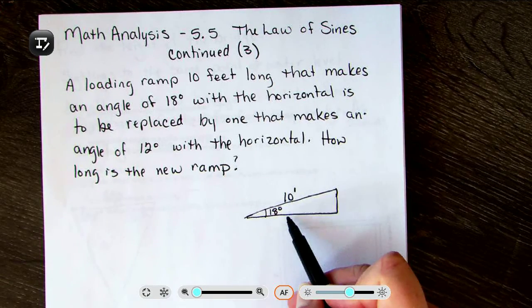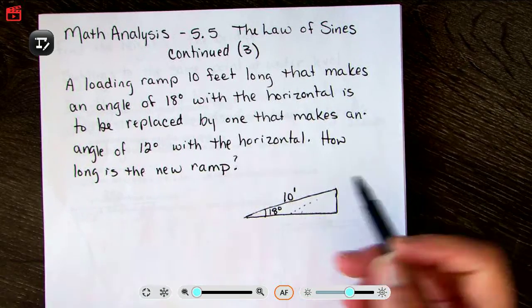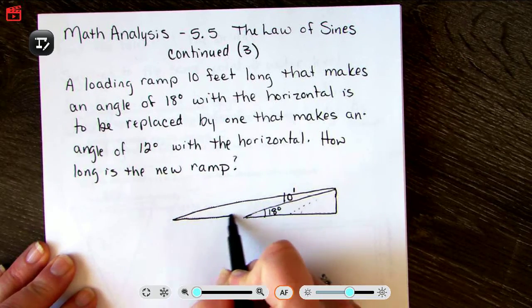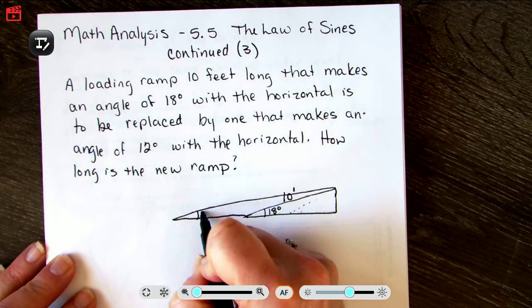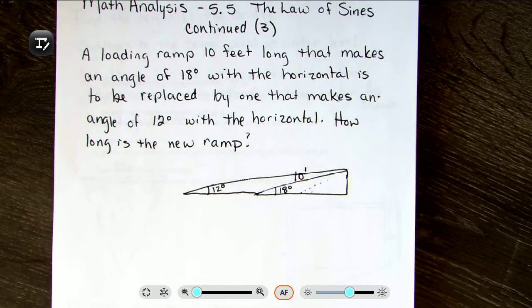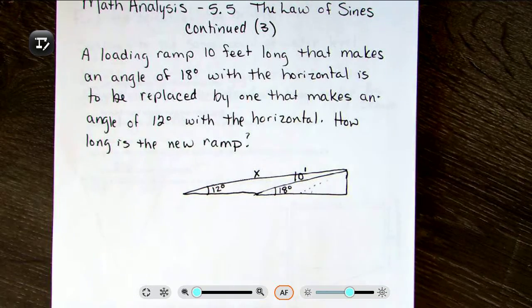So if I moved it closer, you would notice that it's going to get larger. So this thing is going to be actually longer. I'll try to draw this here, and we'll have that 12 degrees sitting there. And we want to know how long the new ramp is. So here's where my unknown portion is.